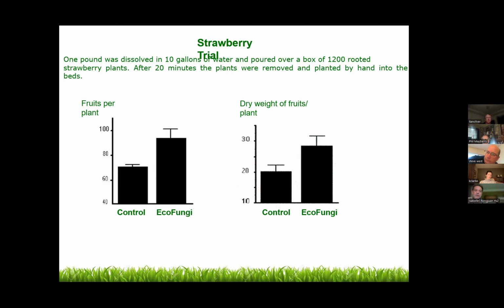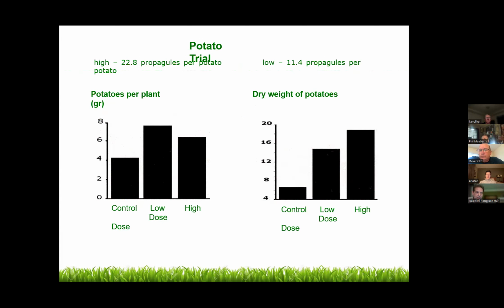We got very big strawberries, high quality, no hollow, much more sugar, and many more fruits. And all the fruits produced went to table. Usually in strawberries in California, half of the cycle goes to table, half goes to processing. In this case, they all go to table. Very similar in potatoes.